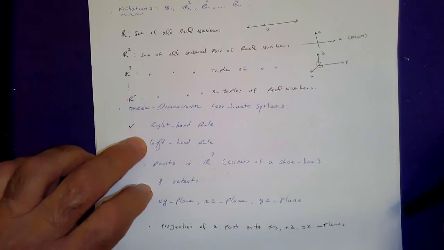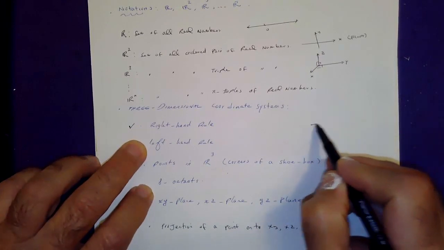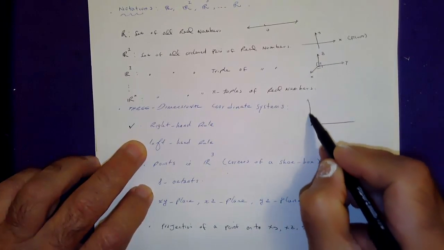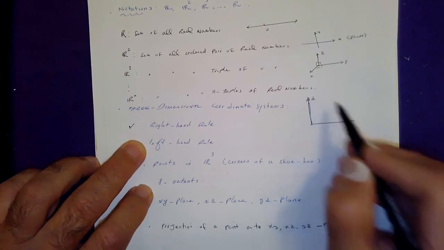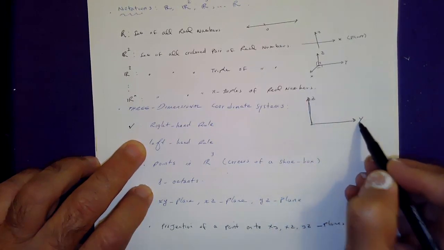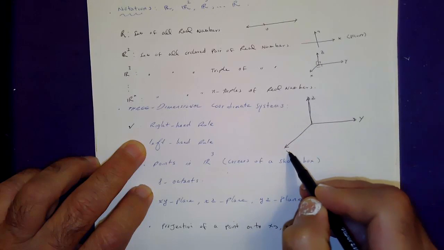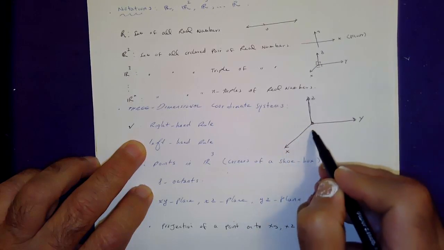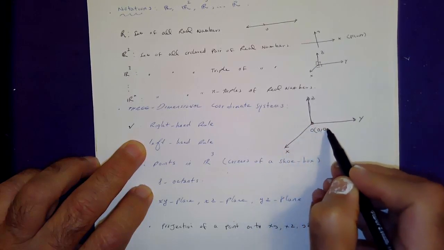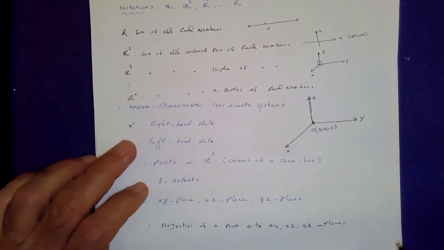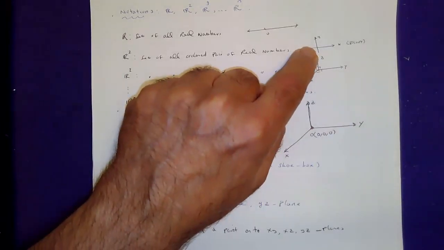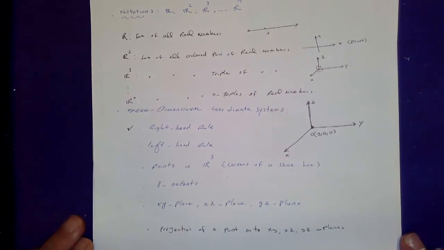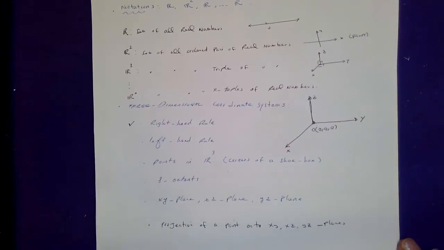So if we just draw the three-dimensional axis, here is the z-axis, here is the y-axis, and here is the x-axis. And the origin now is 0, 0, 0, as opposed to just 0, 0 on the floor, which was a point on the XY plane.